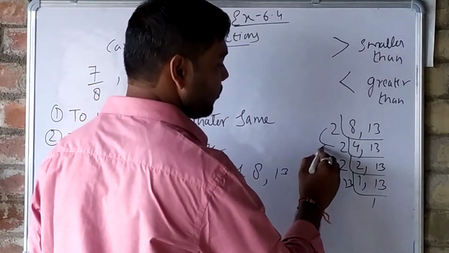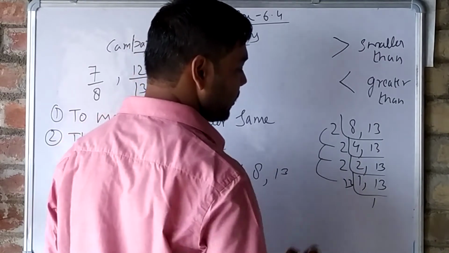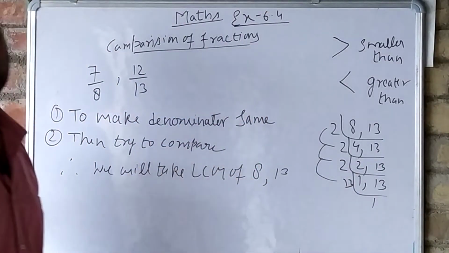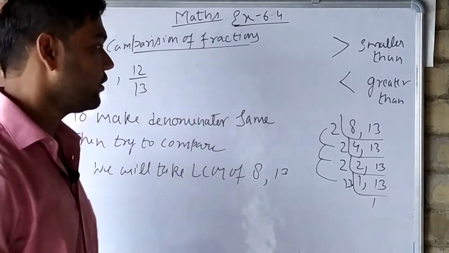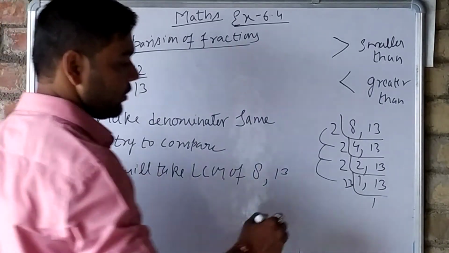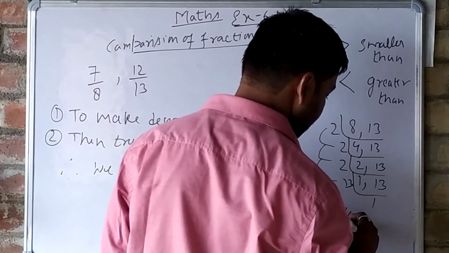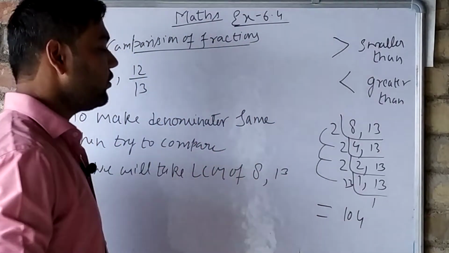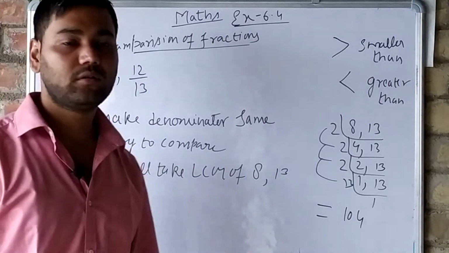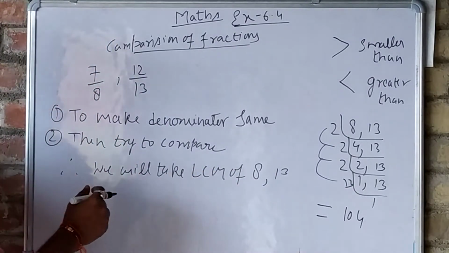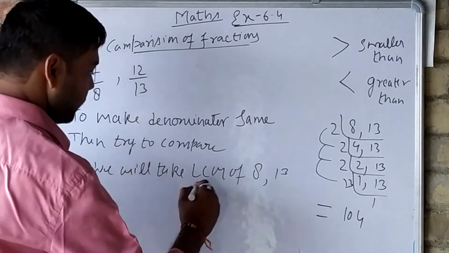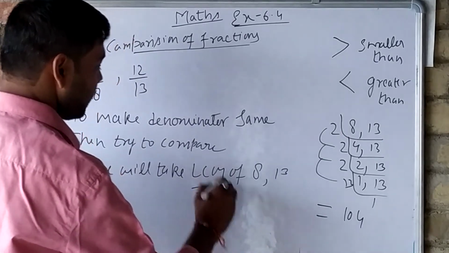So 2 2s are 4, 4 2s are 8, and 8 into 13, what happens? 8 into 13 is 104. So the LCM of 8 and 13 we will have 104.